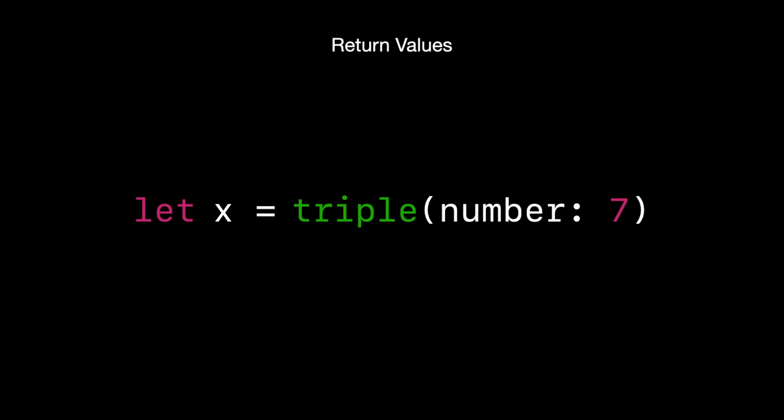Now when you call the function, it will return the result. In this case, the result would be 7 times 3, which is 21. The value 21 would then be assigned to x.